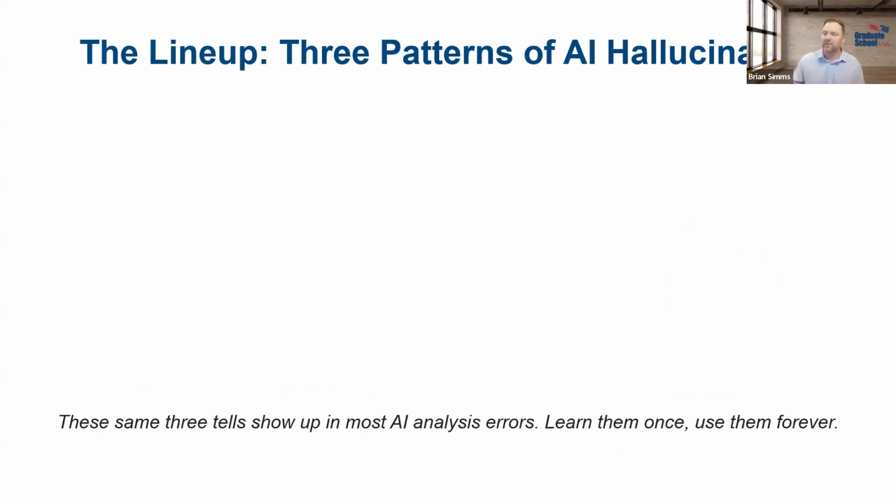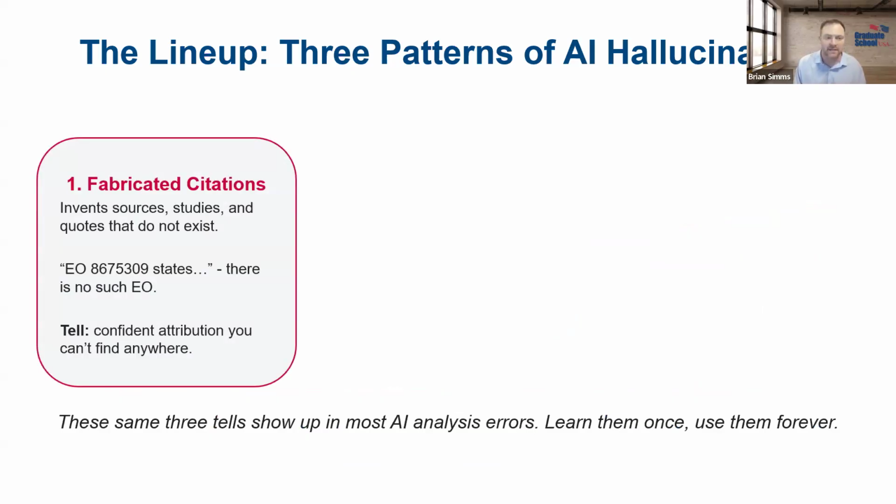So there are three types of hallucinations, three forms that it can generally take. Fabricated citations, like we've talked about a little bit already with that McKinsey study. I've seen it do this a lot too, especially in a government context, unfortunately.